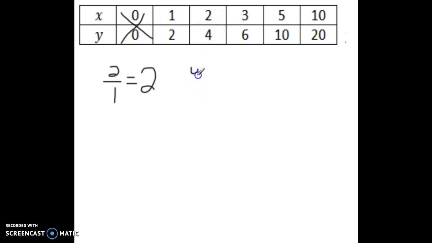Yep, it's 2. 6 divided by 3? That's 2. 10 divided by 5? That equals 2. How about 20 divided by 10? Well, that equals 2. So all you have to do is do y divided by x and make sure that you get the same answer every time. In a few videos from now, we'll actually have a name for that answer.